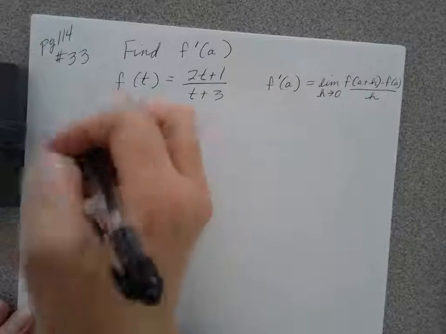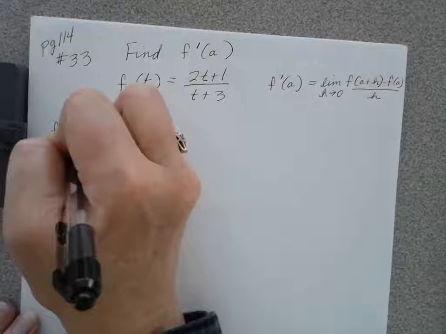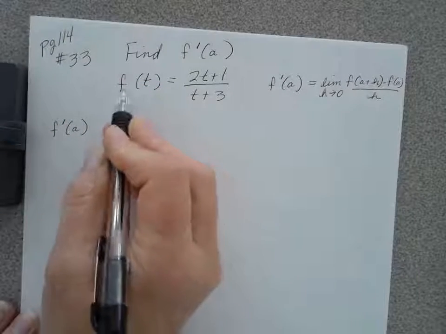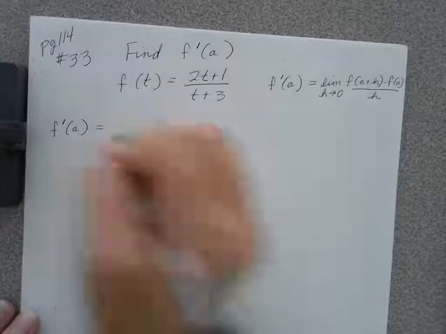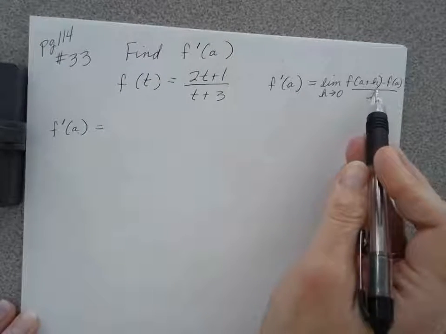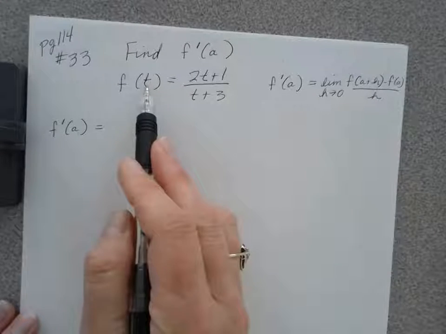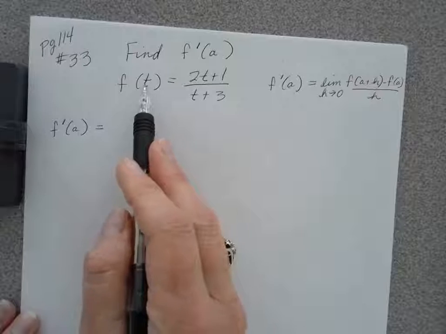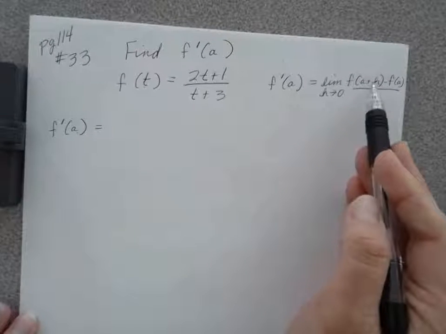Then we go to the, so f prime of a is the derivative of the function f at the point a. So we go to the function named f and we plug in a plus h. So everywhere that there's a t, because that's the variable that we're using here, we're going to plug in a plus h.